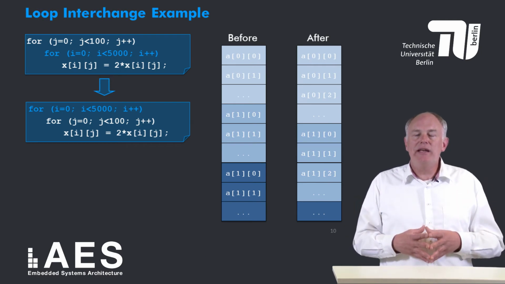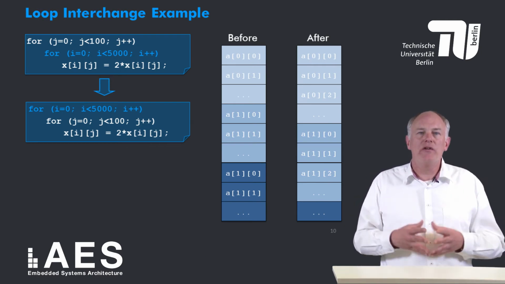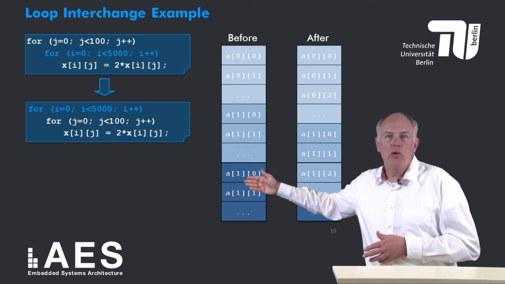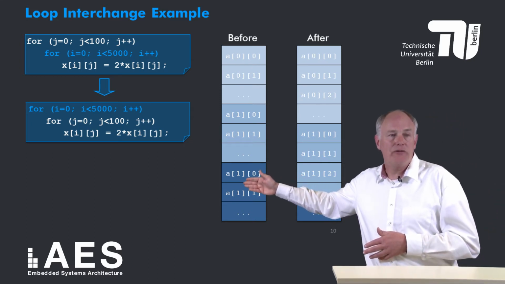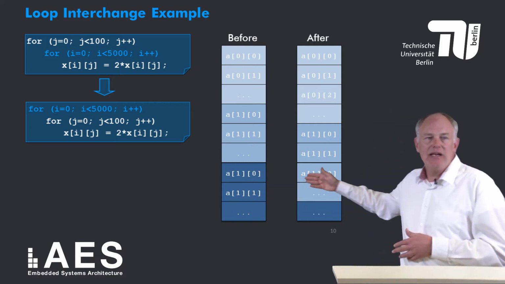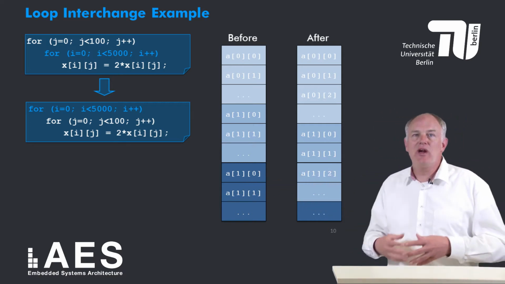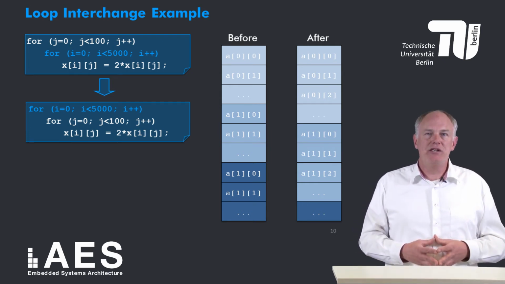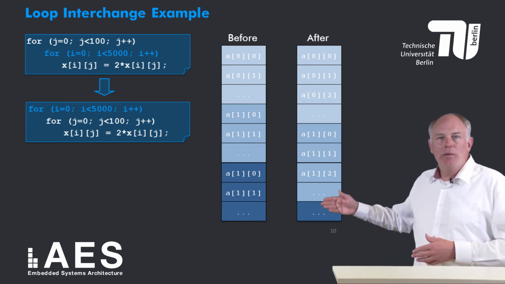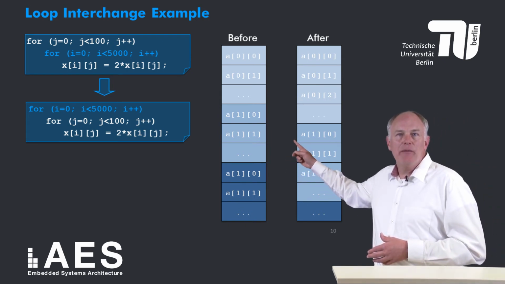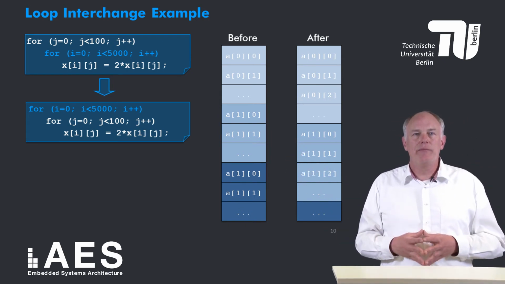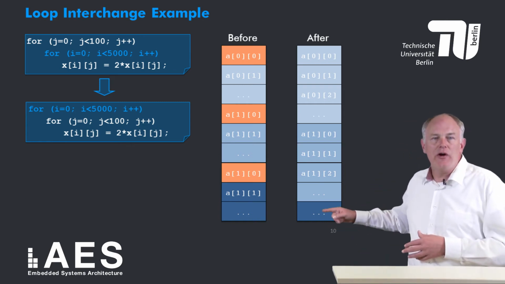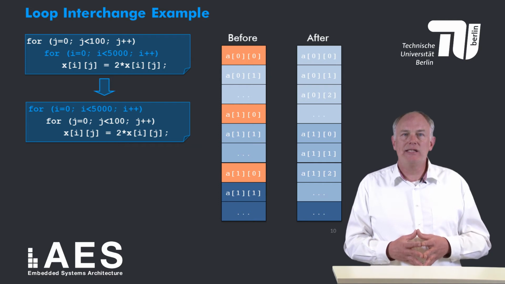Let me now illustrate how loop interchange reorders the data accesses. On the left of this slide, I show the code before and after applying loop interchange, and on the right, I will illustrate the order of data accesses before and after loop interchange. Before loop interchange, the first element that is accessed is this one. This is the second one that is accessed, and this is the third element that is accessed, and so on.